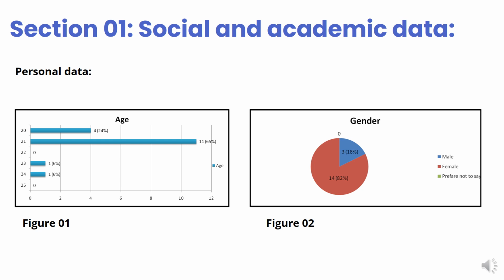First, let's take a closer look at the demographics and linguistic background of our participants. The majority of participants, 65%, are 21 years old, aligning with the typical age of fourth-year medical students. The sample is predominantly female, with 82% identifying as women.